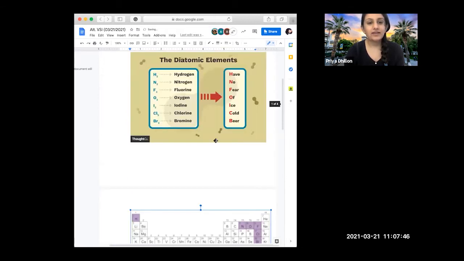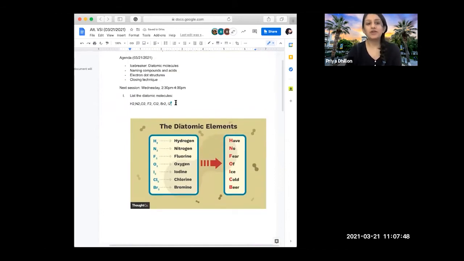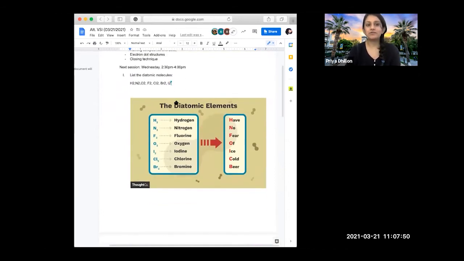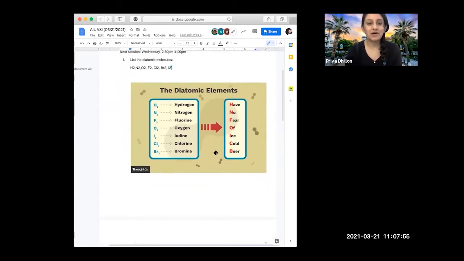For the first one, you can memorize this by heart. However you're memorizing it, you can use flashcards or anything, but I like to use this mnemonic. The way this mnemonic works is that you have this whole list right here, and then you just use the first initial of all of them to memorize it.